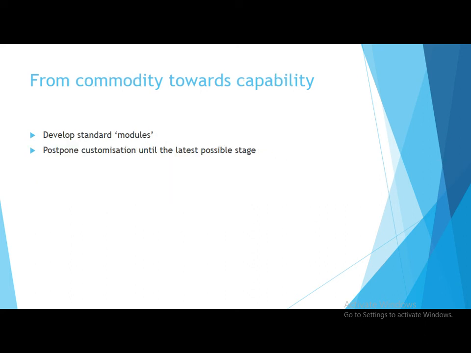From commodity towards capability. Examples of this type of shift may be found in high volume customer services. To avoid the trap of becoming a commodity service competing on price alone, these organizations may extend the range of services on offer, perhaps providing a degree of customization for individual customers.